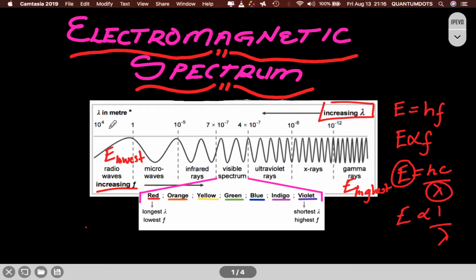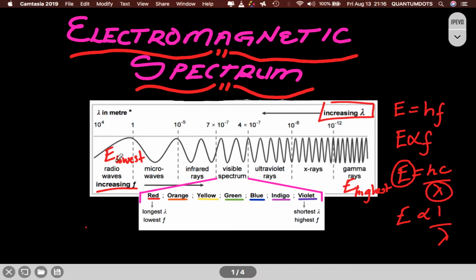Okay, so it's important for you to remember the arrangement of this radiation, and to remember this, you just need to remember the first letter of the type of the radiation, and you can expand from there.